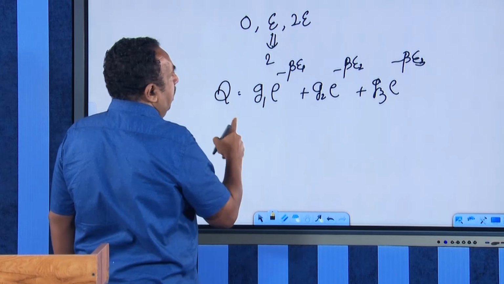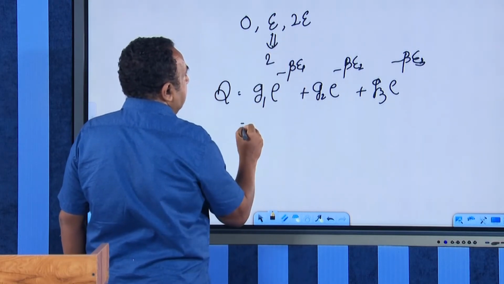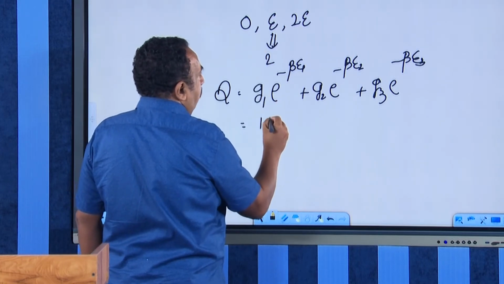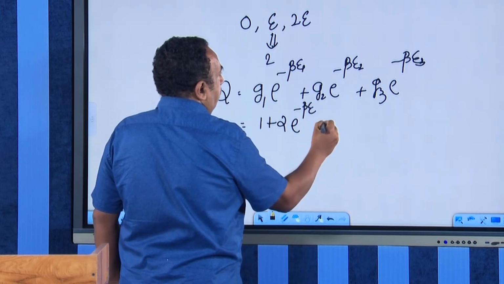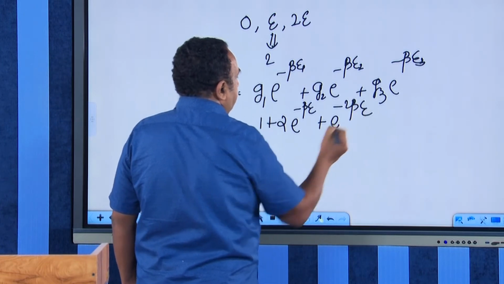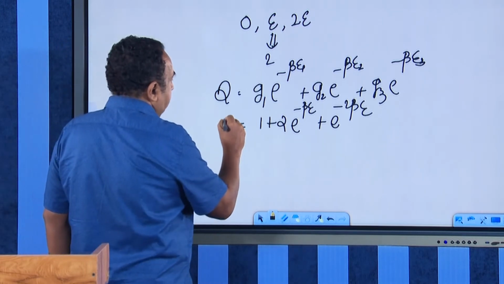Here g1 is 1, g2 is 2 and g3 is 1. Therefore, this expression becomes e raised to minus beta 0, which is 1, plus 2 e raised to minus beta epsilon plus e raised to minus 2 beta epsilon. This is your partition function.